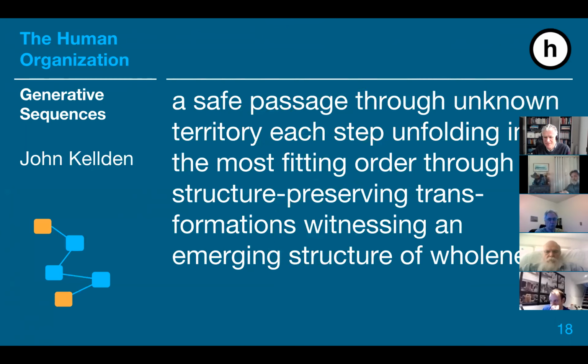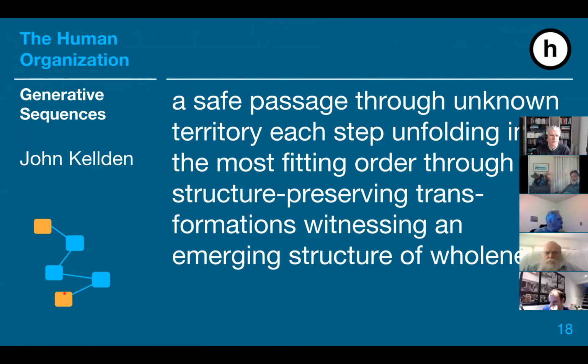You have to stop and think about this definition of a generative sequence. But to me, you see it as a simple way of starting. You have a starting point and you want to get from point A to point B. In between, there's some unknown territory, stuff you haven't explored, you have never seen before, you never met people in this space before. How do you get from point A to point B?